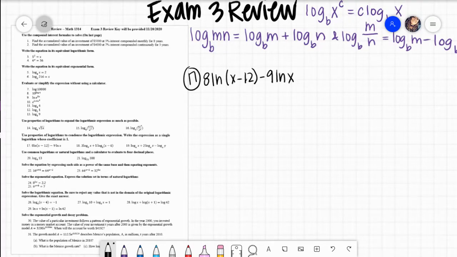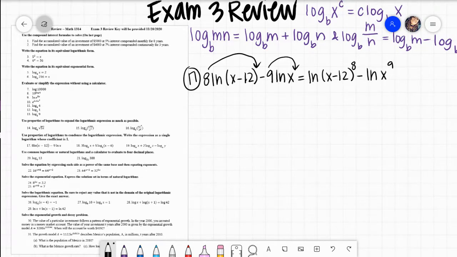Okay, problem 17. What I'm going to notice first, since this is an expanded form and I'm trying to go to condensed form, is that I have coefficients, and coefficients become exponents. So let's make those exponents. This 8 becomes the exponent here. This 9 becomes the exponent there. I get natural log of x minus 12 to the 8th power, and a negative natural log x to the 9th power.